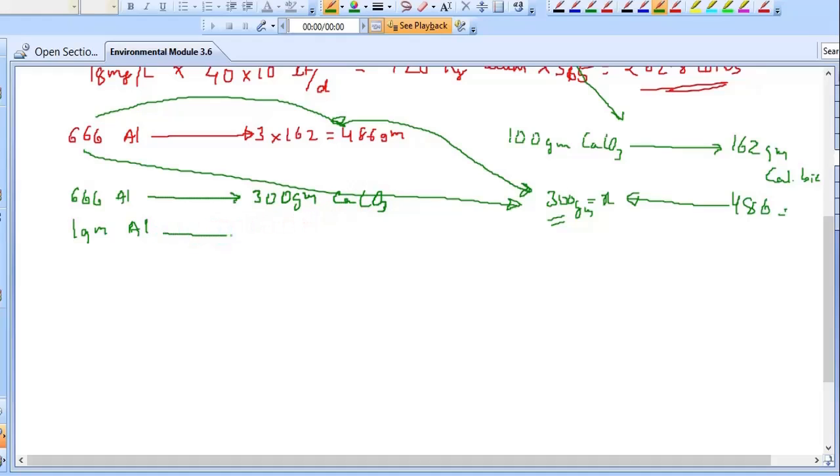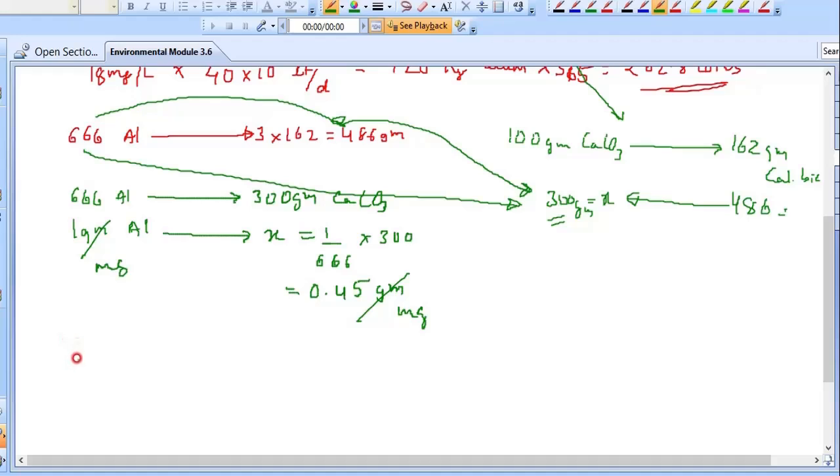Then 1 gram of alum requires X, and X equals 1 by 666 into 300, which equals 0.45 gram. Now we make it into mg: 1 mg of alum requires 0.45 mg of CaCO3.